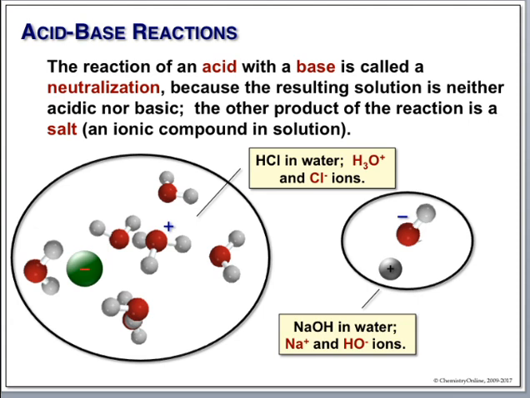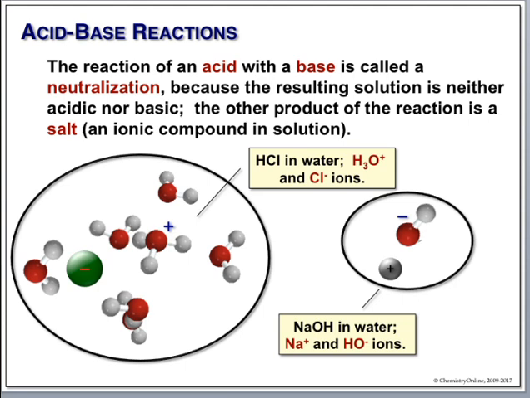Here's a little cute diagram. Let's pretend we had HCl and water. So here's our hydronium ion sitting here in the middle. And we also have chloride somewhere. All right, they're all just bouncing around in solution. To that, I'm going to add sodium hydroxide.